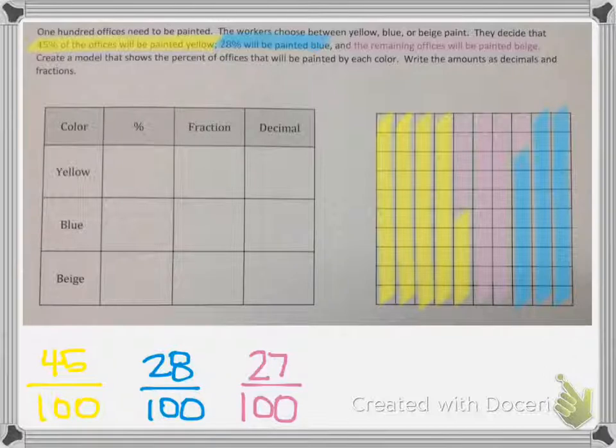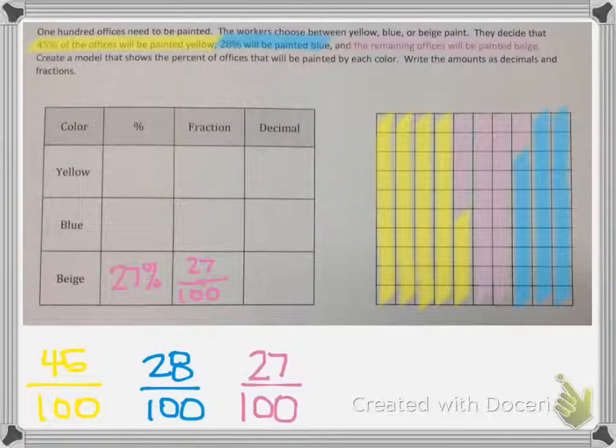Okay? Well, let's take a look at our table now, and we want to fill in some of these percentages. So let me start with the beige since I have that color with me. We already found out that it's 27%. That's the fraction 27 per 100.